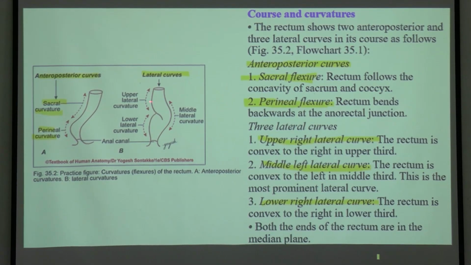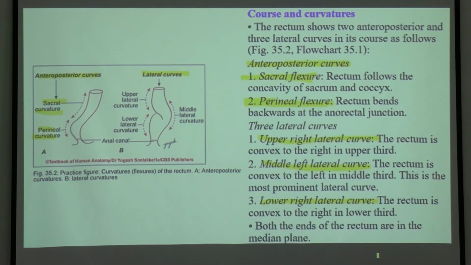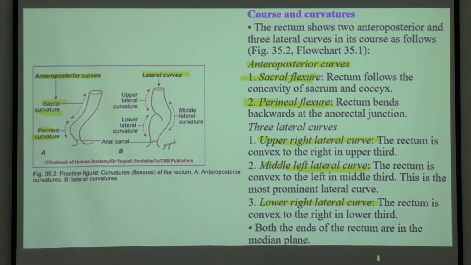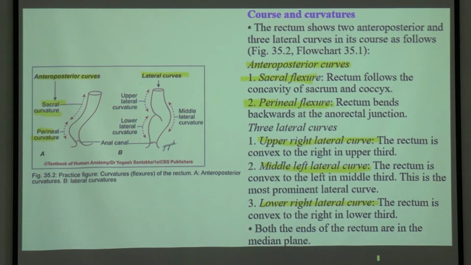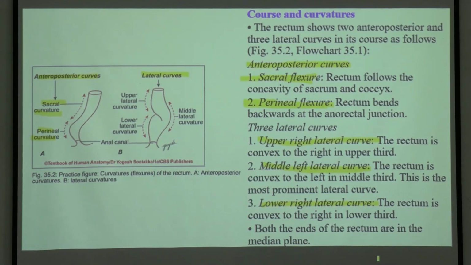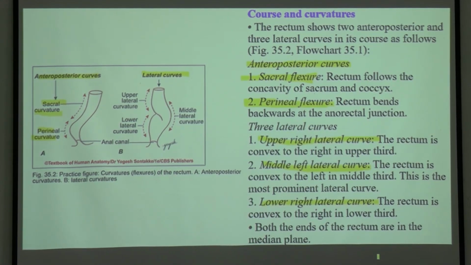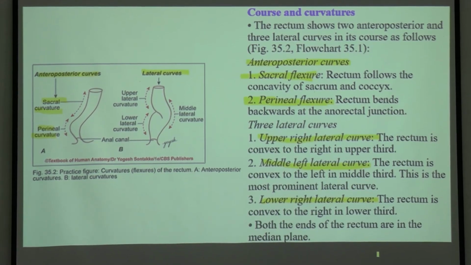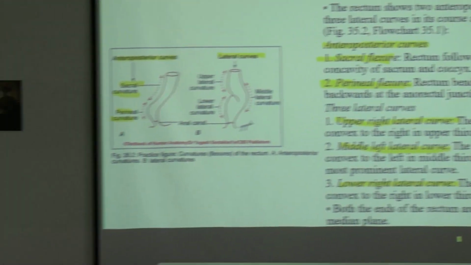So these are called the lateral curvatures. Okay, so these are the curvatures. And in the middle, we can see there is an enlargement which forms the rectal ampulla.